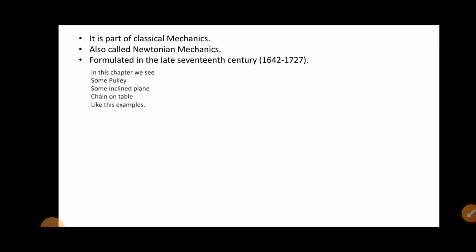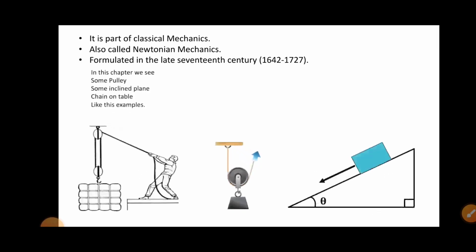In this chapter, we see examples like pulleys, inclined planes, and a chain on a table. A large number of principles and results may be derived from Newton's laws, but first we will discuss some forces. Force is a vector quantity. Its SI unit is the Newton, and in CGS it is the dyne.